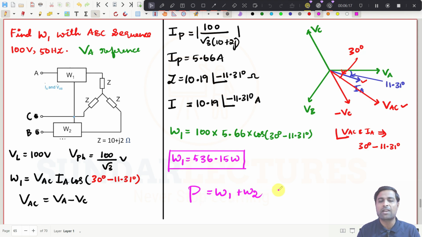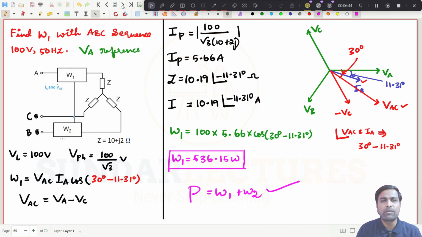This value cannot be changed, unless the Z values or voltages are different. Don't conclude like that. I have just taken this example to show what happens if the wattmeter is connected between different lines. You should not conclude that this is the final answer for real power. No, it is not like that.